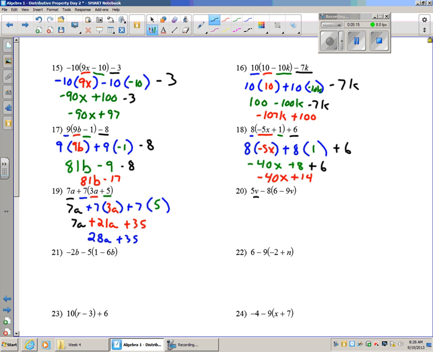The 5v on number 20 just drops down. And the negative 8 is being distributed to two different things. The first term is the 6, and the second term is the negative 9v.